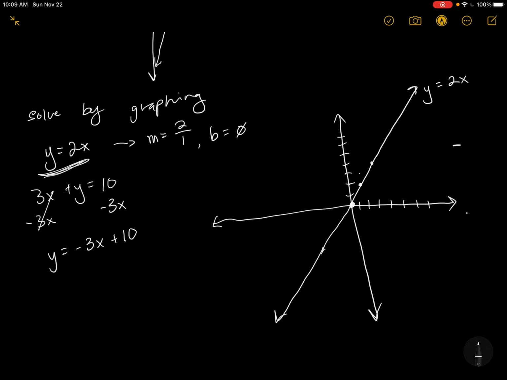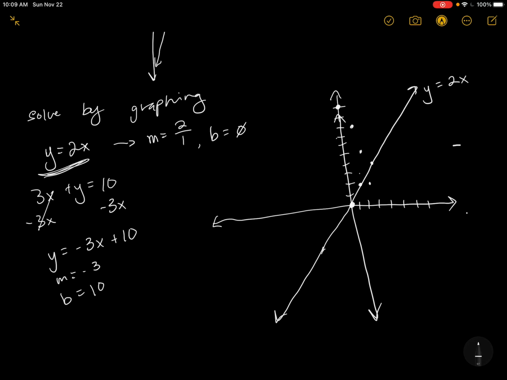Sorry. All right, there you go. So my slope here is -3. Y-intercept is 10. Oh, darn it, I don't have enough room. 1, 2, 3, 4, 5, 6, 7, 8, 9, 10. 10, and then my slope goes down 3, right 1, down 3, right 1, down 3, right 1.